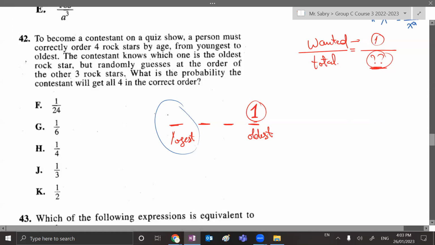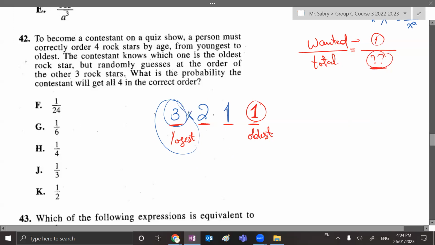So the contestant could select 1 out of 3 different possibilities. They could be the first or the second or the third. And then if they selected 1 here, there will be only remaining 2 other possibilities. And if they selected 1 here, there will remain only 1 other possibility to select in this space.